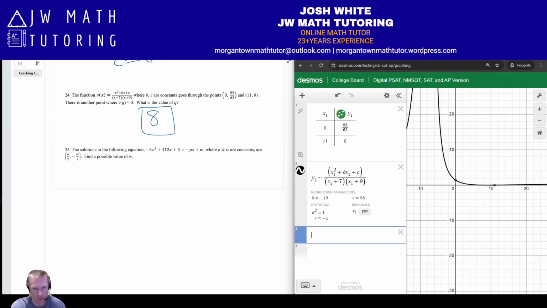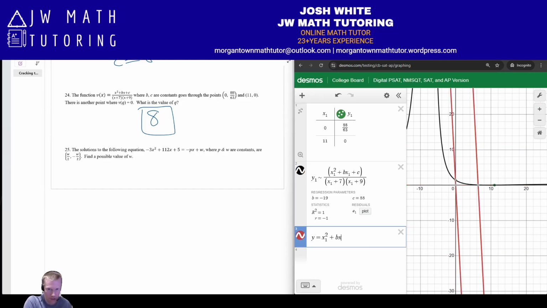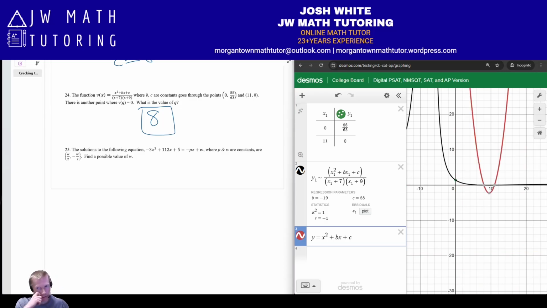Okay, sorry, here's what I meant to do. Instead, you just want to graph the numerator itself. Once we've already found b and c, we can get rid of this, and now it's much easier to see the other x-intercept at 8, 0.